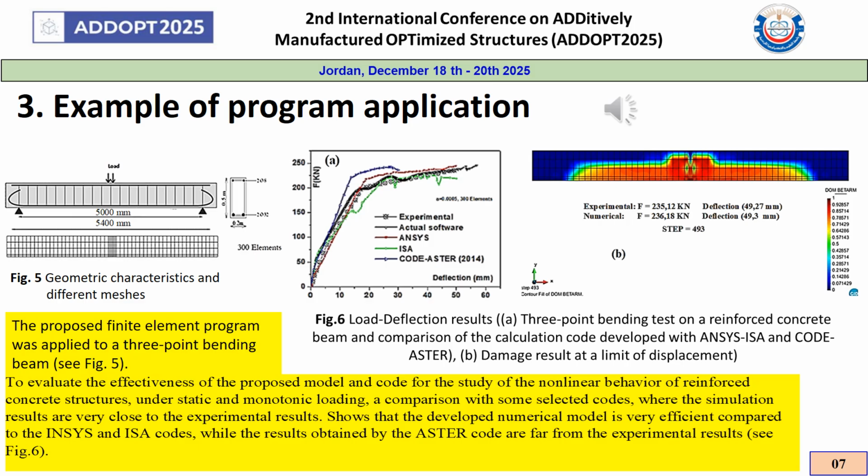We evaluate the effectiveness of the proposed model and code for the study of the nonlinear behavior of concrete structures under static and monotonic loading. In comparison with some selected codes, where simulation results are very close to the experimental results, this shows that the developed numerical model is very efficient compared to the ANSYS and ESA codes, while the results obtained by the Aster code are far from the experimental results. See Figure 6.